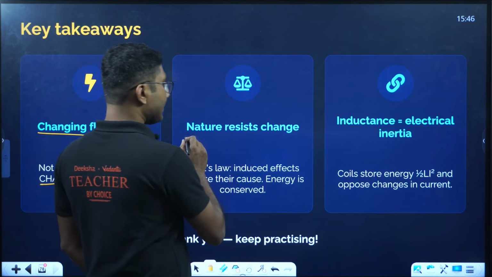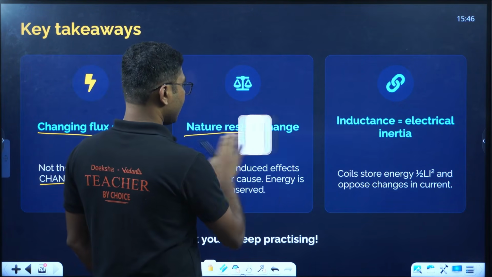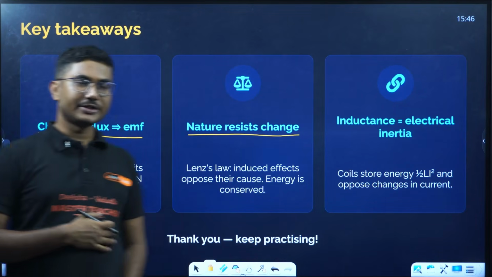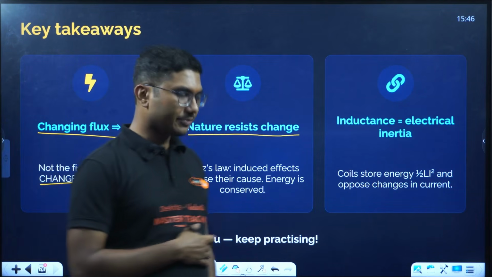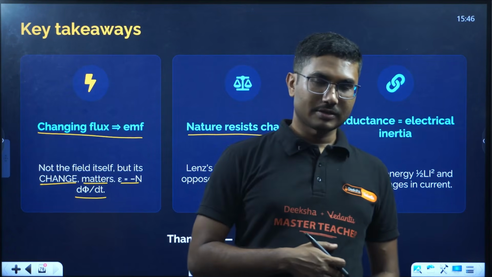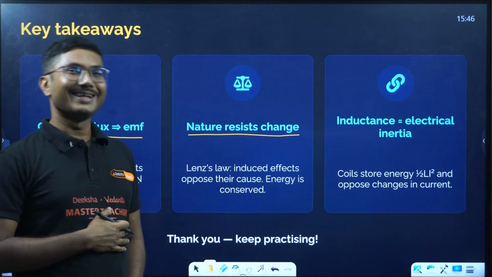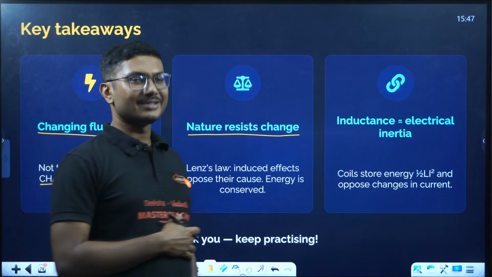Nature resists change. Not only has your physics or chemistry teacher changed in your college, making you think the previous teacher was better, but nature also likes that. Nature resists changes.